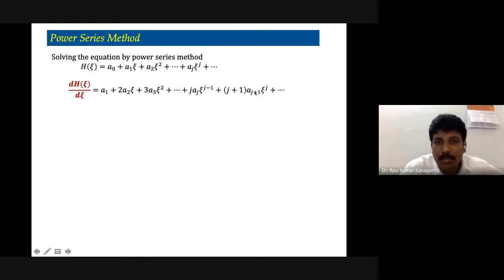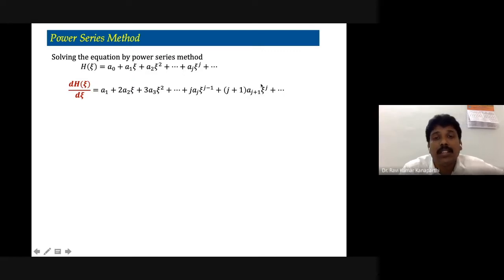That is what is expressed here. You can just write down j plus 1, a j plus 1, z to the power j. So it is just a very simple concept: j plus 1, a j plus 1, z power j.